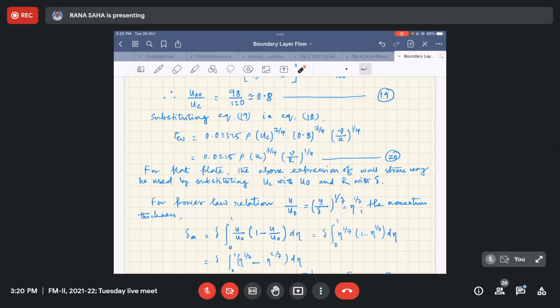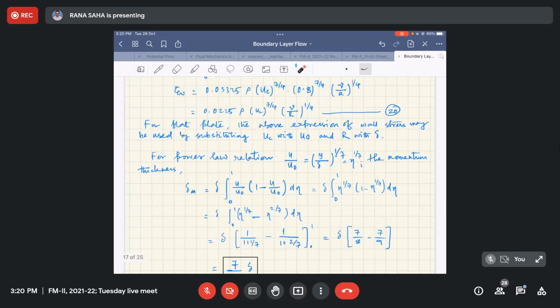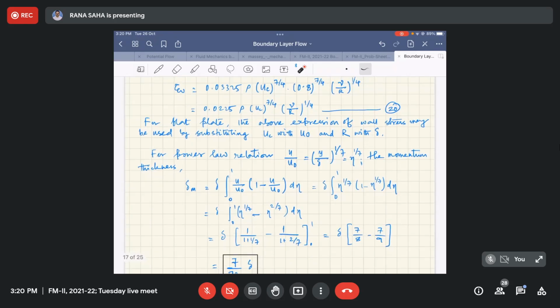And in the next stage, we try to replace the UC with U naught and capital R with delta. Okay, so these are the two replacements which are being done from the similarity, right? And then, by again the power law relation for flow over flat plate, that is U by U naught equals Y by delta to the power 1 by 7, this we have used to find out this momentum thickness.